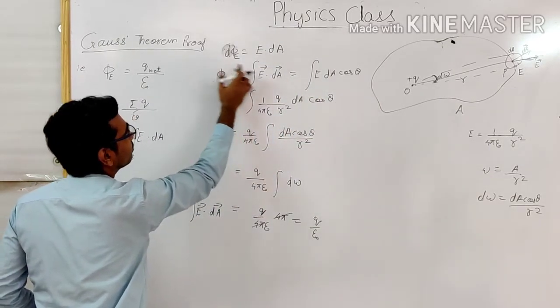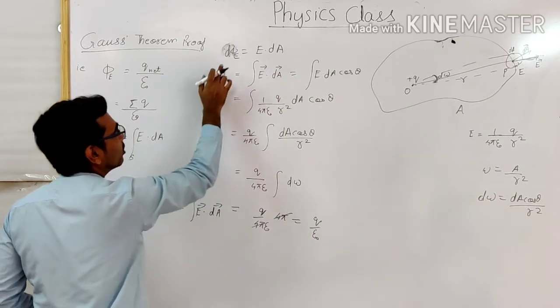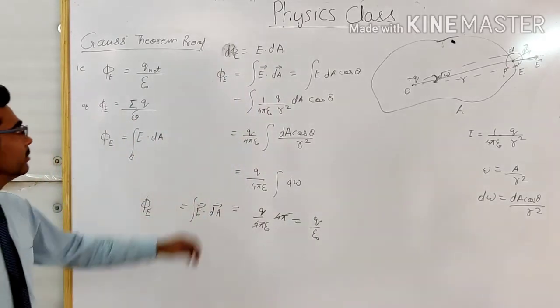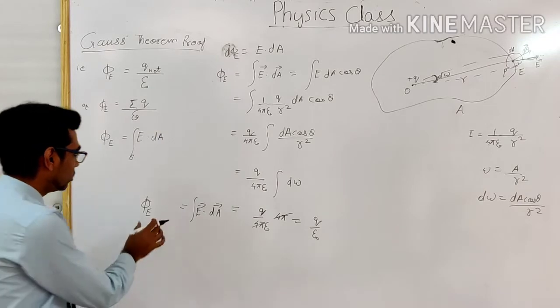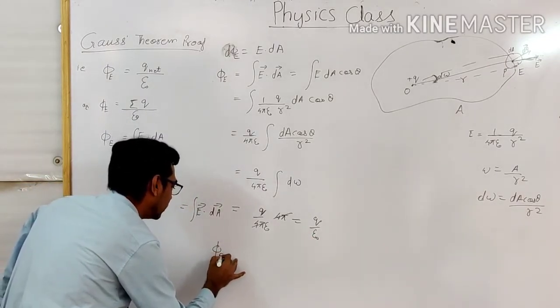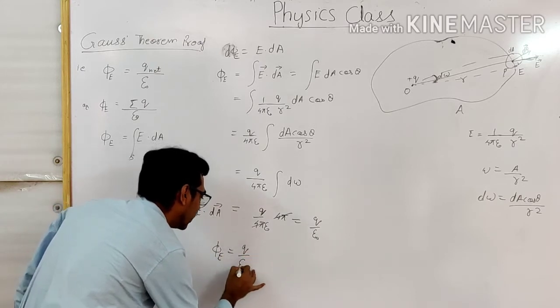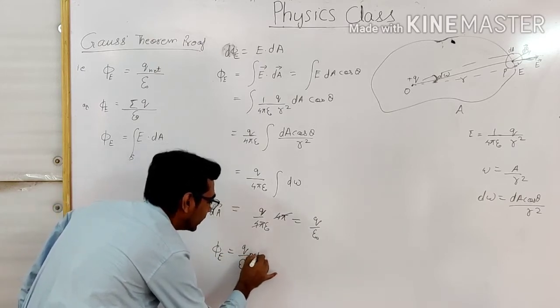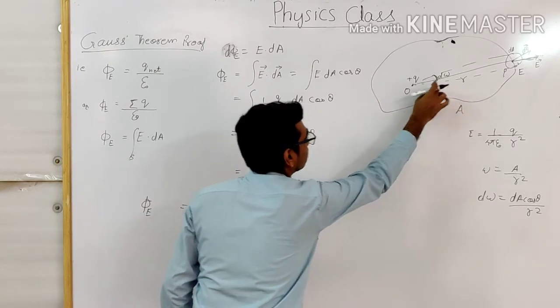Once we put the integration sign, this side becomes the total flux, phi E, which is equal to Q upon epsilon naught, the Q net, which is the charge inside this surface.